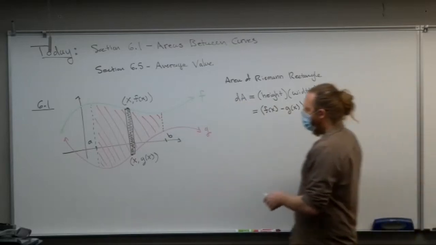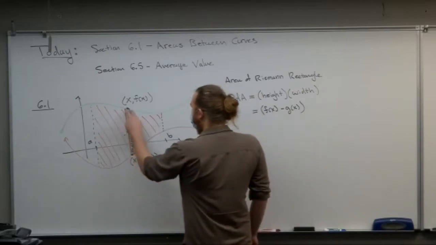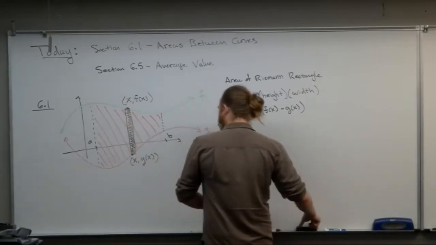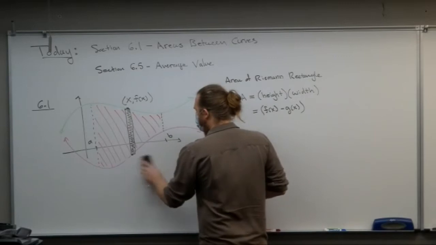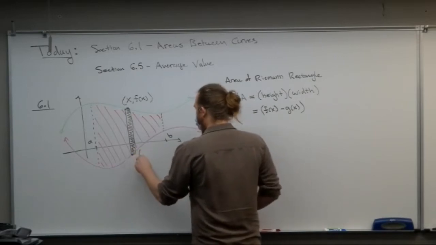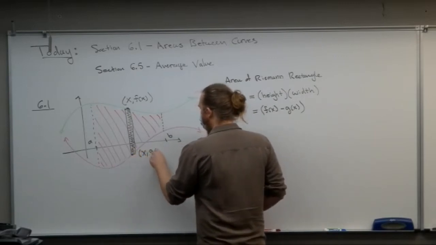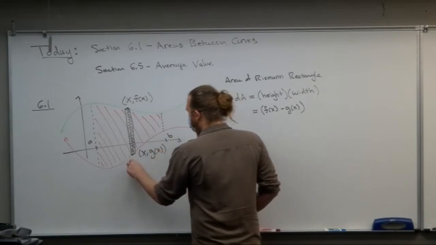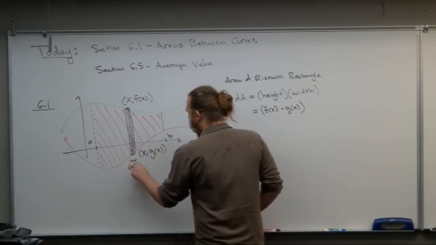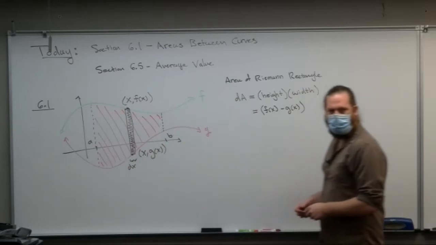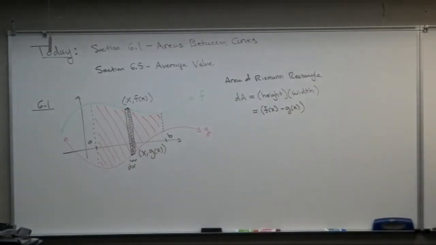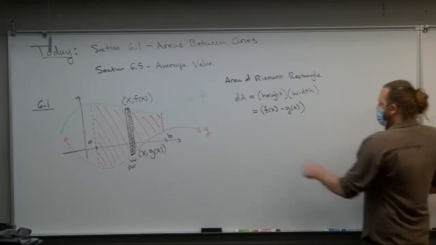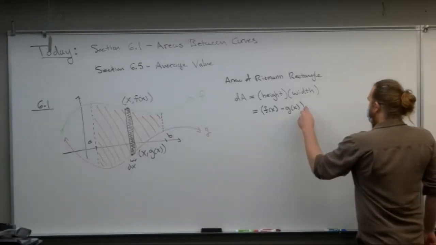The width of this rectangle I think of as just being a little dx width. I know this is a slight abuse of notation. If we're being careful, it's deltas and xi's. But this is a common thing. You'll see this sort of approach in your physics classes too. So that width is just dx.